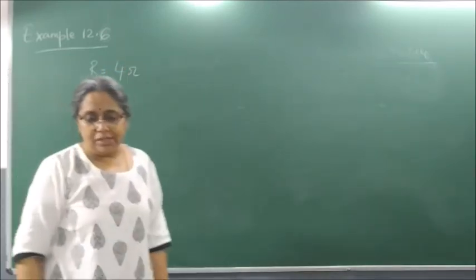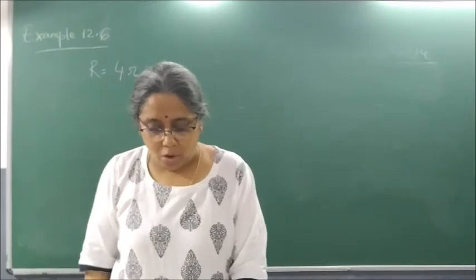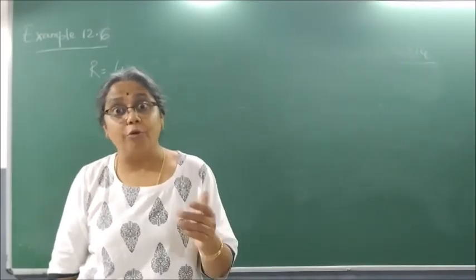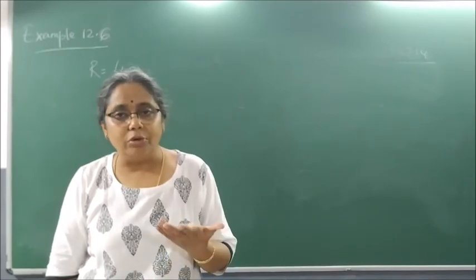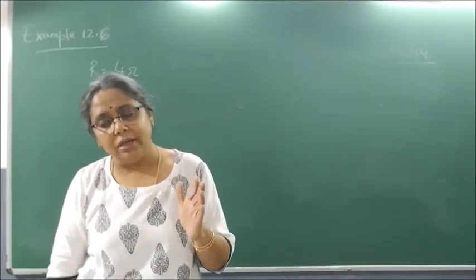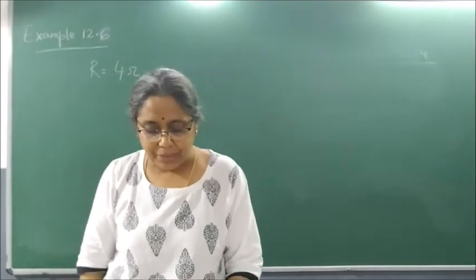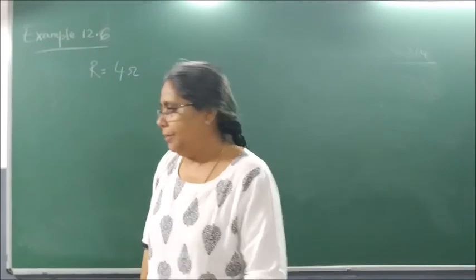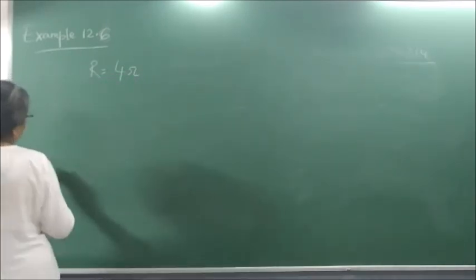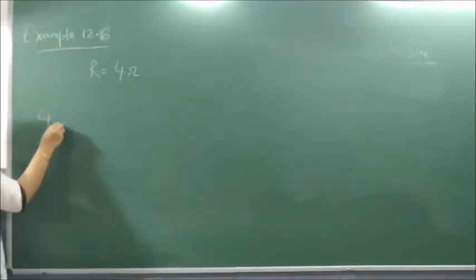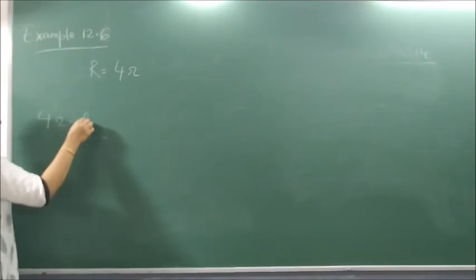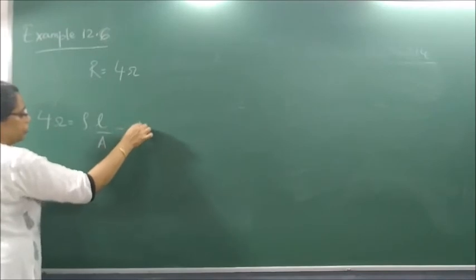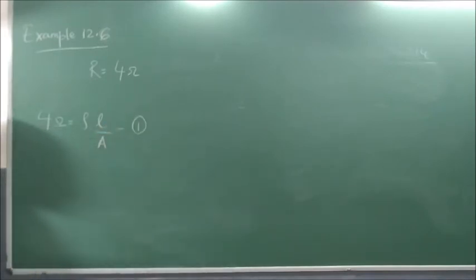What is the resistance of another wire of the same material? If the material remains the same, then rho will get cancelled because rho is the same for the same material. Having length L by 2 and area of cross section 2A. Now please understand, when it was 4 ohms, it has rho, length as L and area of cross section as A. Correct?